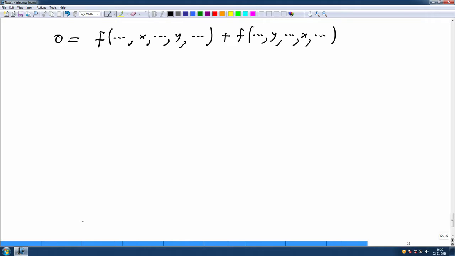So here note the coordinates are interchanged. This was ith, this was jth, and they are switched. So that means f of this is equal to minus f of the other.